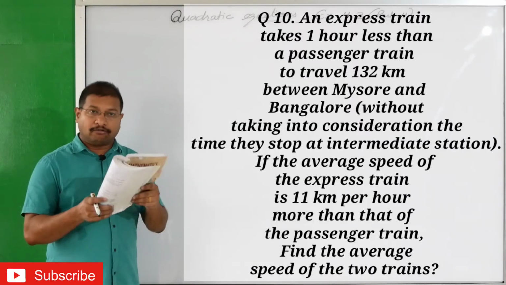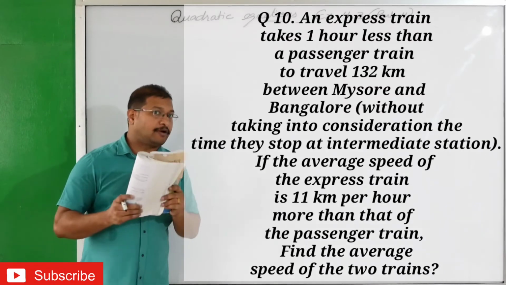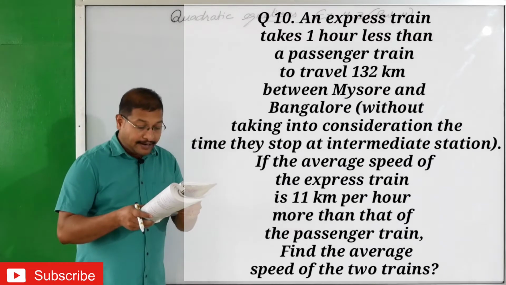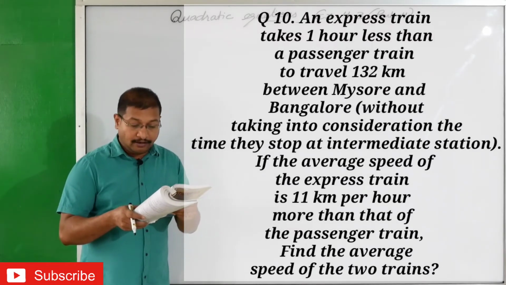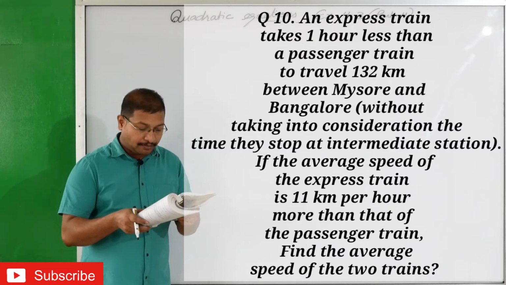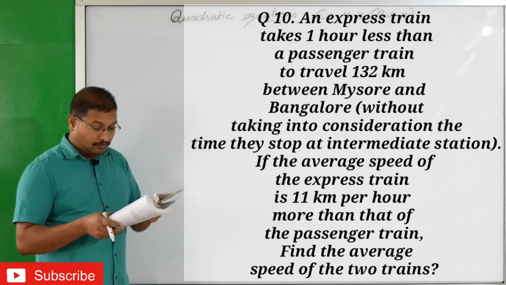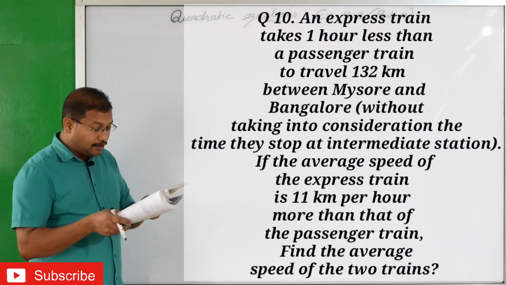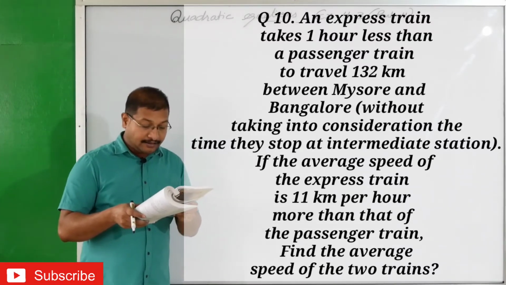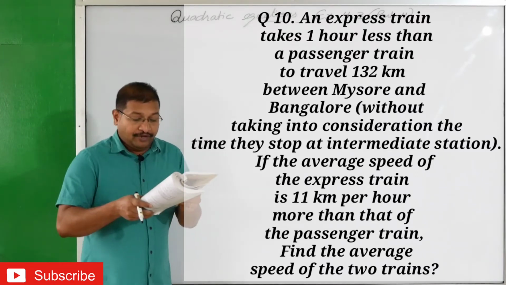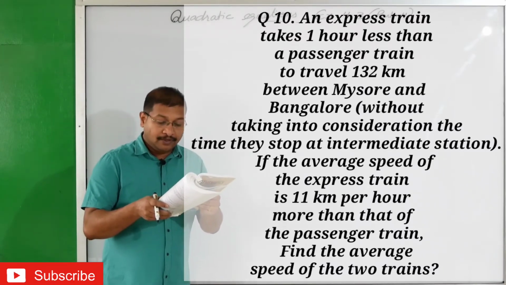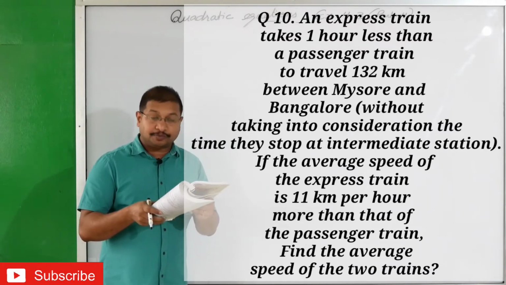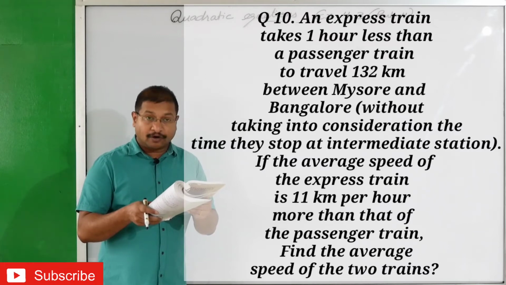Okay, number 10. I'll read the question once, so please make sure that you are writing the question in your copy. An express train takes 1 hour less than a passenger train to travel 132 km between Mysore and Bangalore, without taking into consideration the time they stop at intermediate stations.